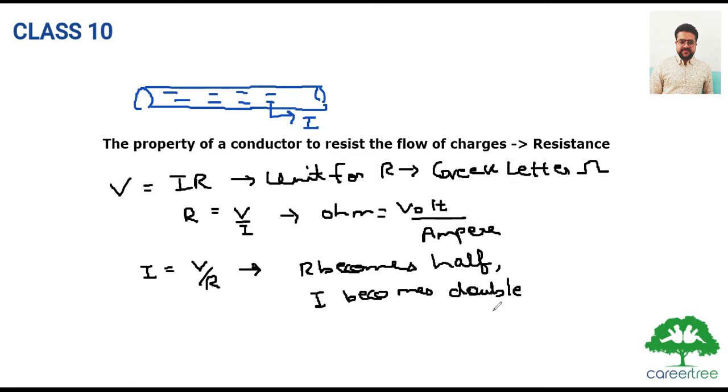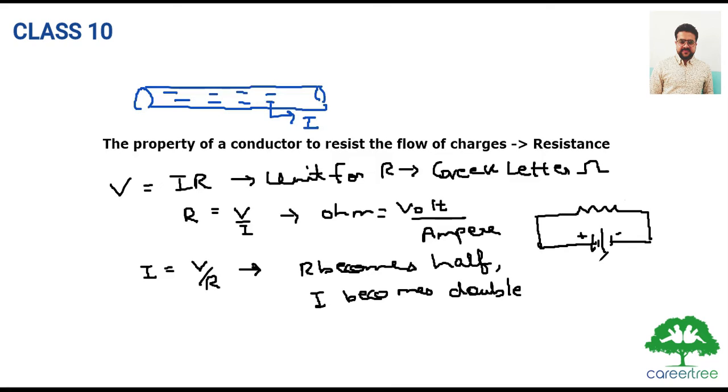Now, from a practical standpoint, in your daily life, if you want to control the amount of current flowing through a metallic wire or an electric circuit while keeping the potential difference constant, there is a device known as variable resistance, or rheostat. Suppose this is my electric circuit where I have a source of current, a battery, with positive and negative terminals, and this is my resistor.